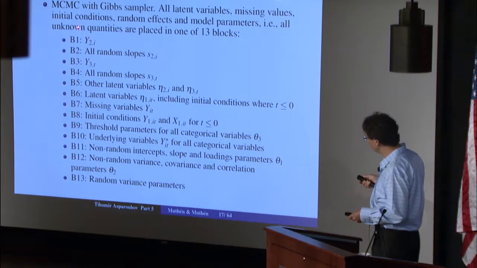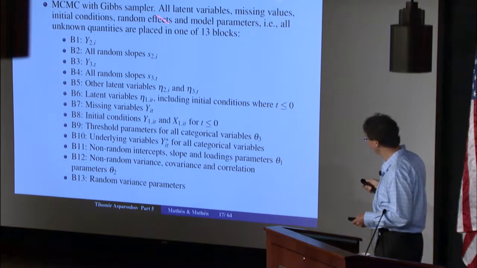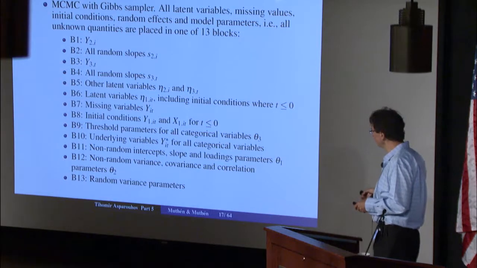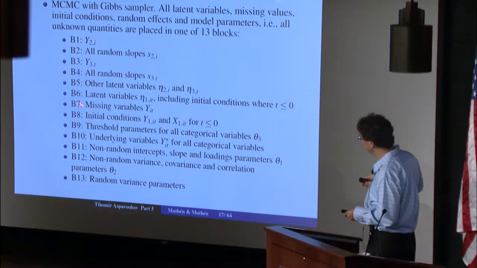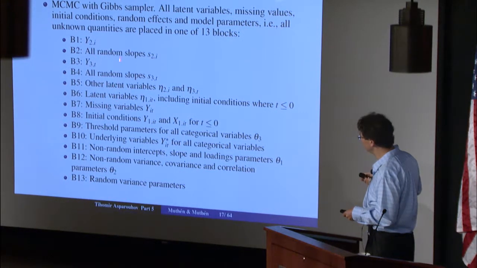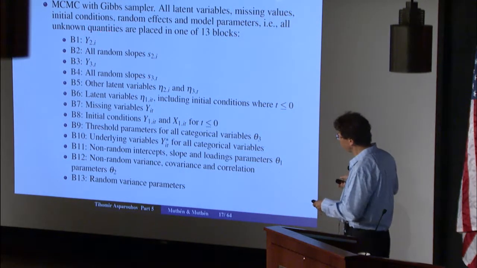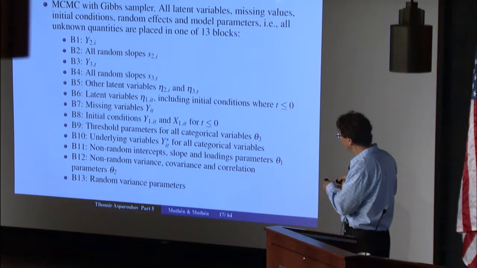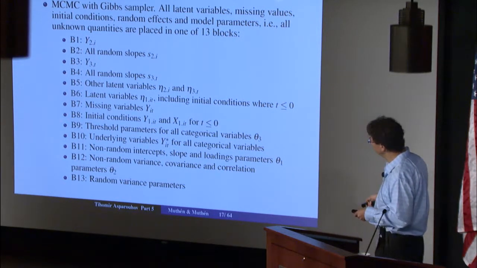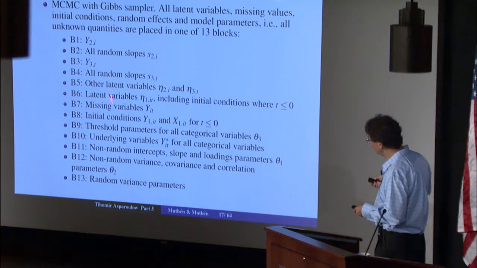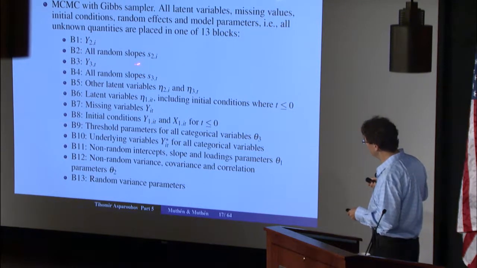In the Mplus estimation, these are the 13 blocks that we split the unknown quantities into. The MCMC iteration updates each of these blocks using the conditional distribution of that block conditional on all other blocks, and as we iterate through the blocks, we update the quantity for each unknown value.